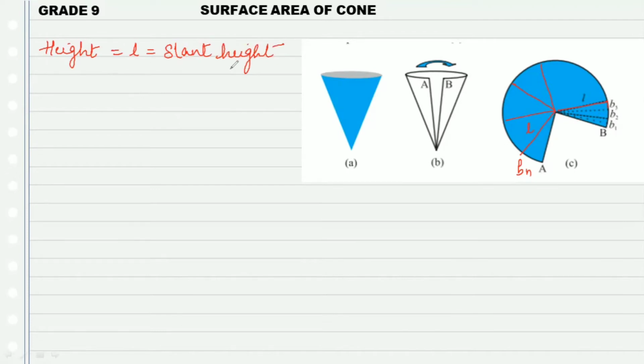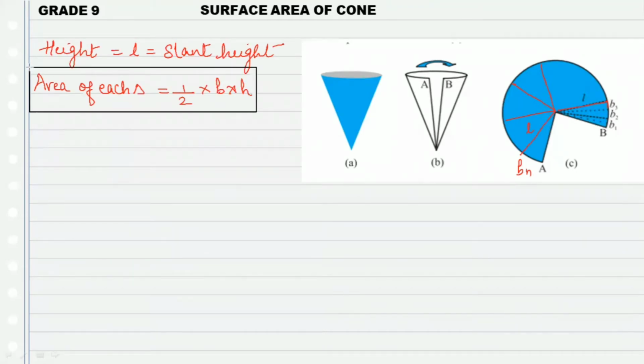So the height of the triangle is the slant height, whereas the bases are given by b1, b2, b3 up to bn. If we have to find the area of each triangle, our formula will be half into base into height, isn't it? That is your formula, half into base into height. Then what about the total triangles?